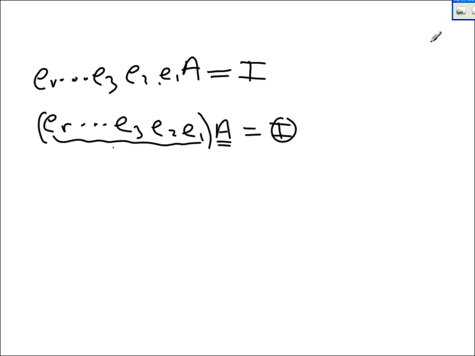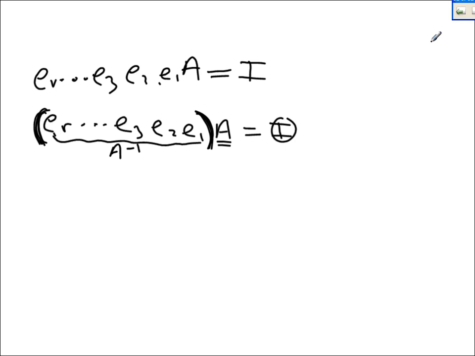Yeah. Oh, that must be A inverse. And then you say, is there a nice way of figuring out what E_R times all the way down to E_1 is, what's inside these brackets?